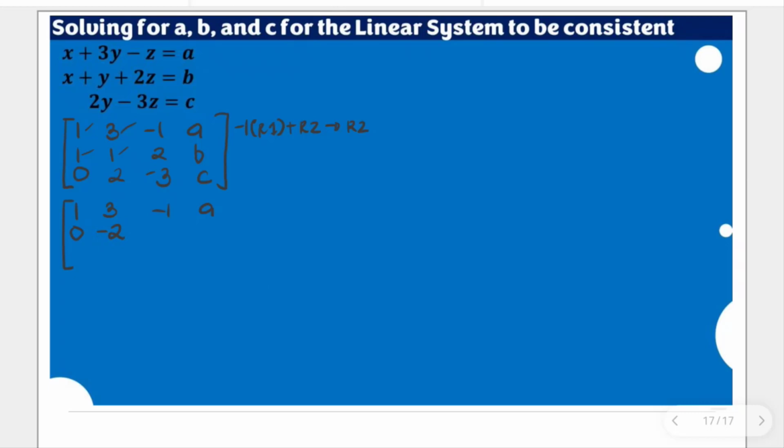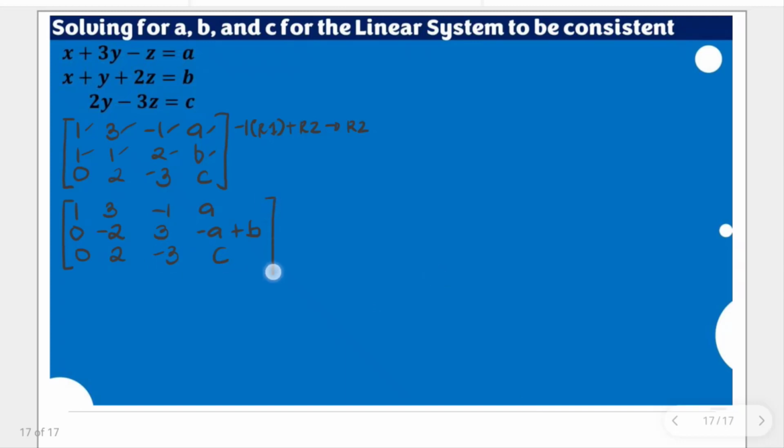Next, -1 times 1 is +1 plus 2, 3. Next, negative A. -1 times A is -A plus B. So -A plus B. And for the third row, still 0, 2, -3, and then still C.